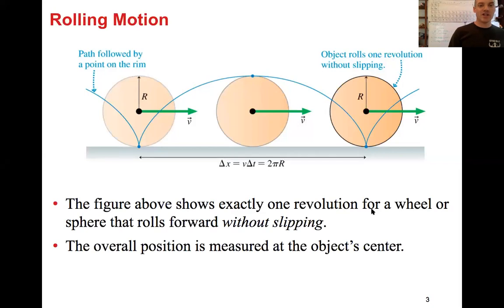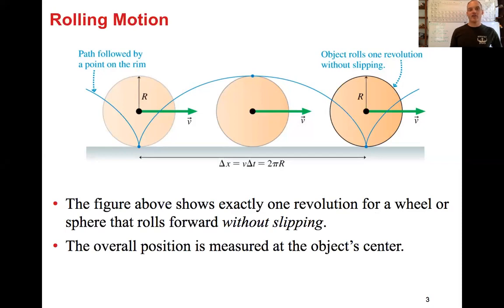If you traced out that one position over time, even though the object is moving with a constant velocity, the point on the circle is going to come in contact with the ground, move up and move back down. And we talked about how at the bottom it's momentarily motionless, when it comes in contact with the ground. And that's one revolution of the wheel.